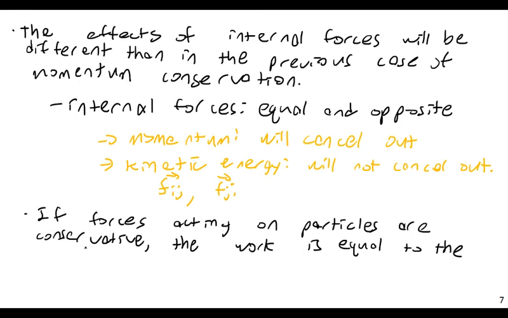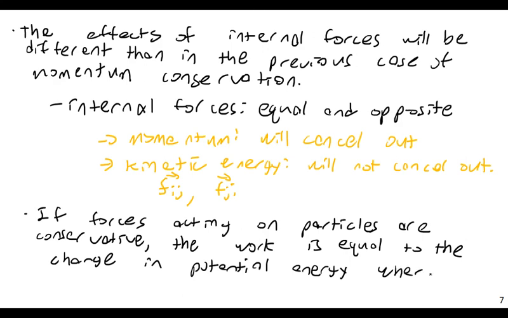Essentially T1 plus V1 equals T2 plus V2, where T is our kinetic energy and V is our potential energy.